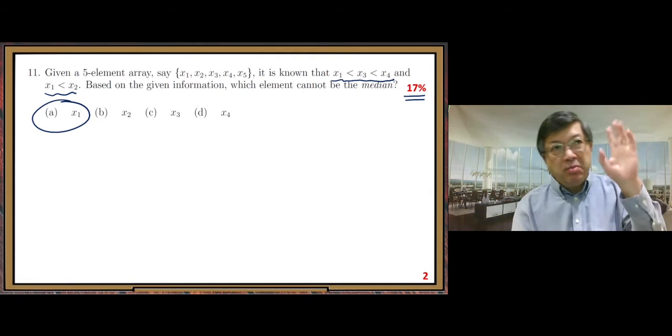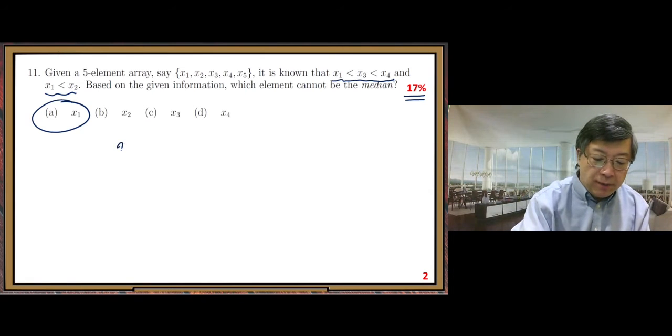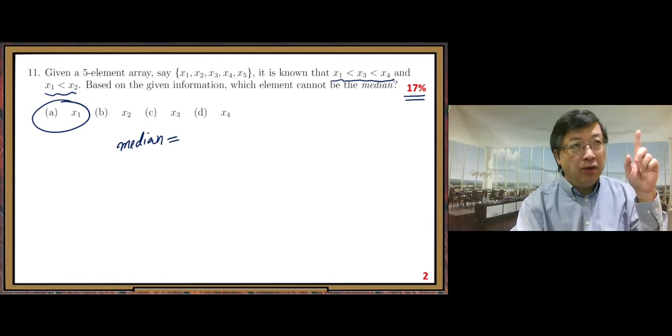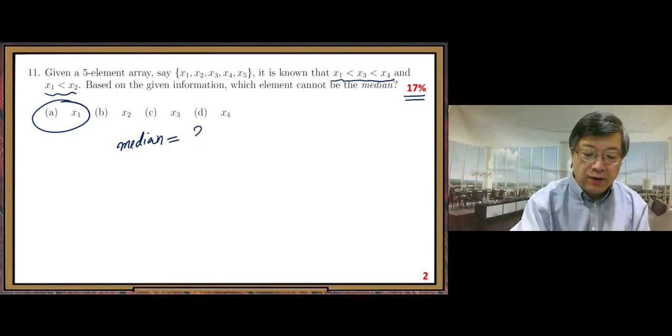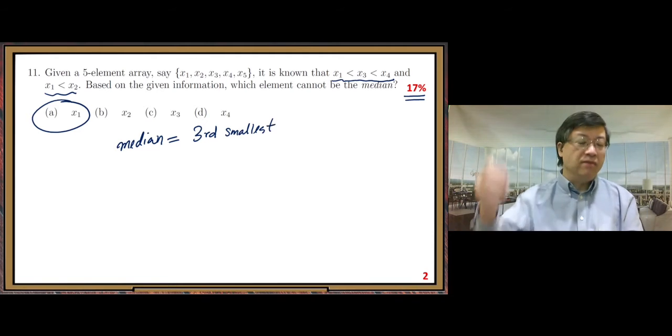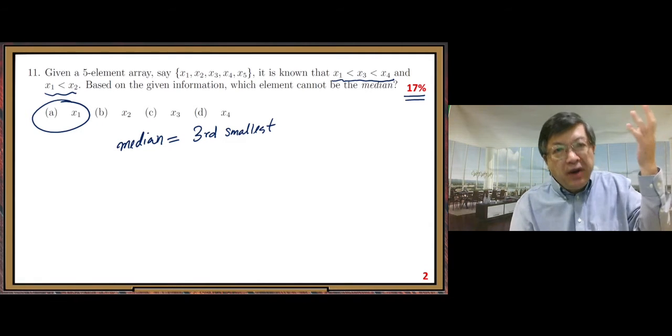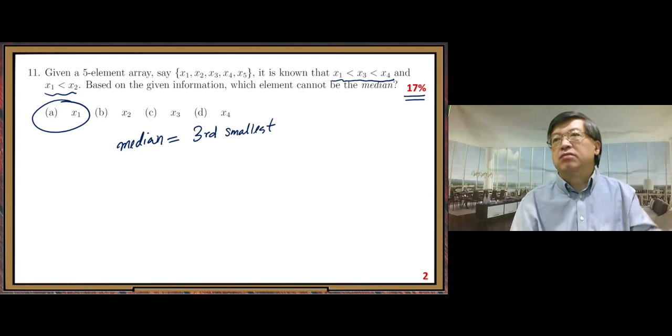Why? We can see that. The median in this special case equals the third smallest, or third largest, the same. Now you just want to look at which element cannot be the third smallest.